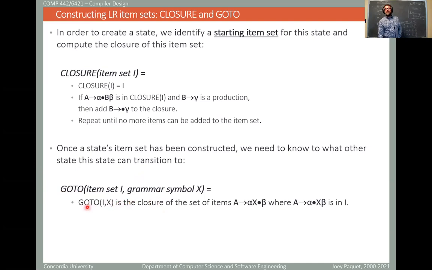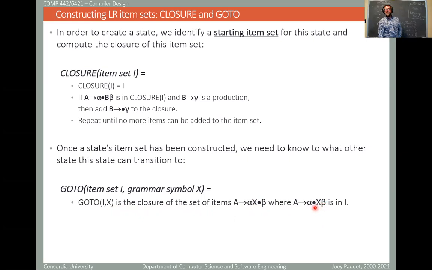Essentially, a goto of an item set I and a grammar symbol X is the closure of the set of items after you pass the dot over the X, where the item is in your current item set.